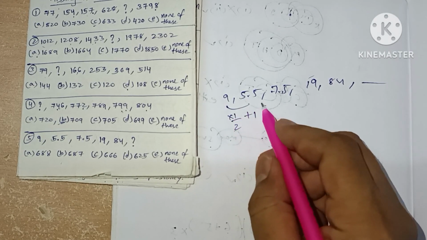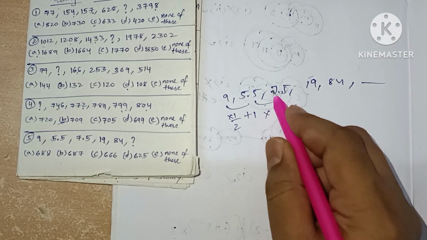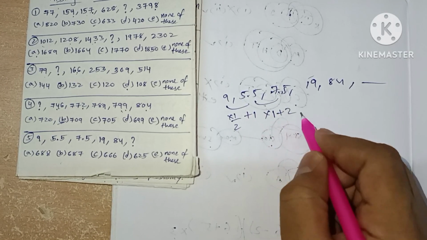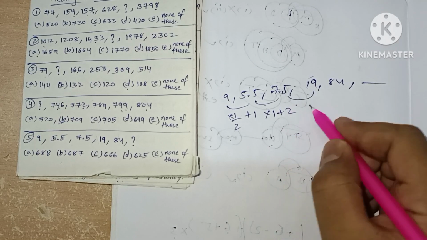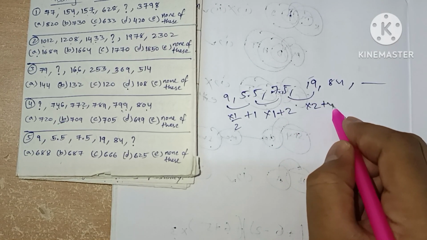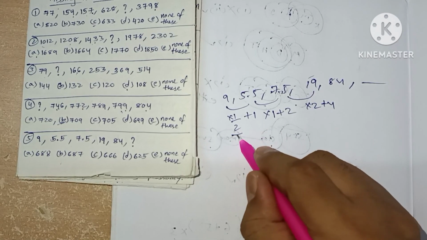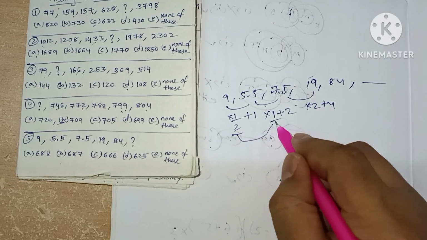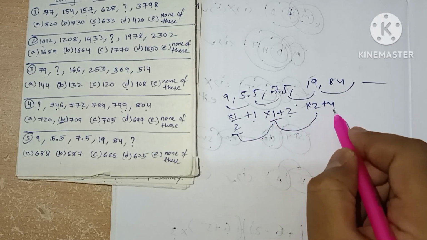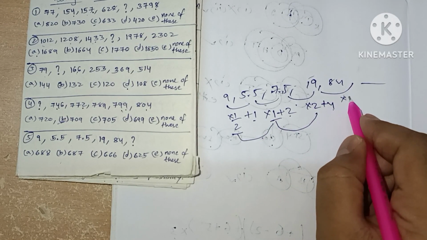Then times 1 is 5.5 plus 2. This must be times 2, plus 4. So half becomes 1, 1 becomes 2, and here 1 becomes 2, 2 becomes 4. So the next one must be times 4.